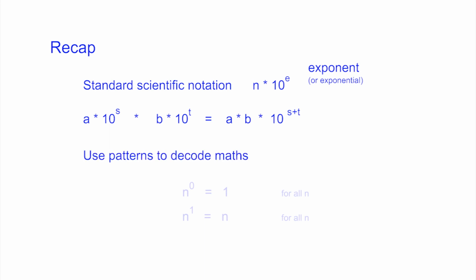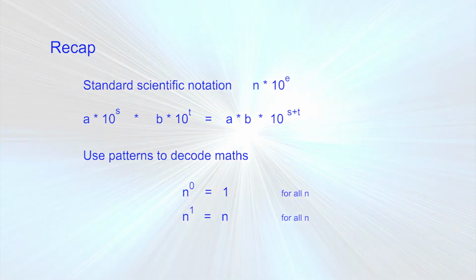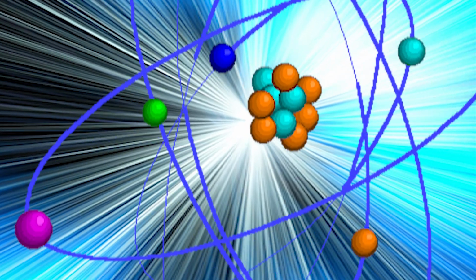Patterns help to explain otherwise confusing mathematical notation and what negative exponentials mean. Any number raised to the power of 0 is 1, and any number raised to the power of 1 is itself. Two facts that surely are going to become useful one day. Now, go and multiply the speed of light by the size of a sulfur atom.